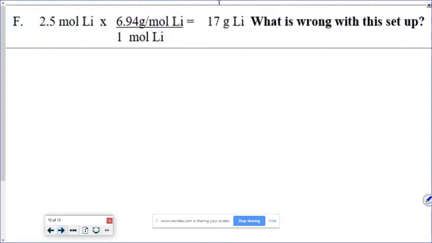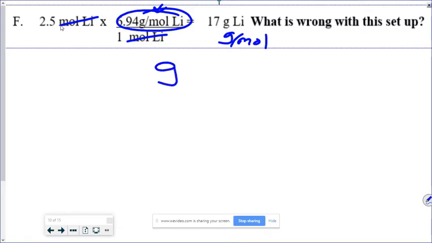What's wrong with this step? Go ahead, pause the video, see if you can figure it out. Well, what's wrong with this step is moles of lithium cancel out with moles of lithium. And up here we have grams per mole lithium. That means our label should be grams per mole lithium. Well, that doesn't make any sense because it wants to figure out how many actual grams we have. So we're never going to have grams per mole as a top or a bottom.